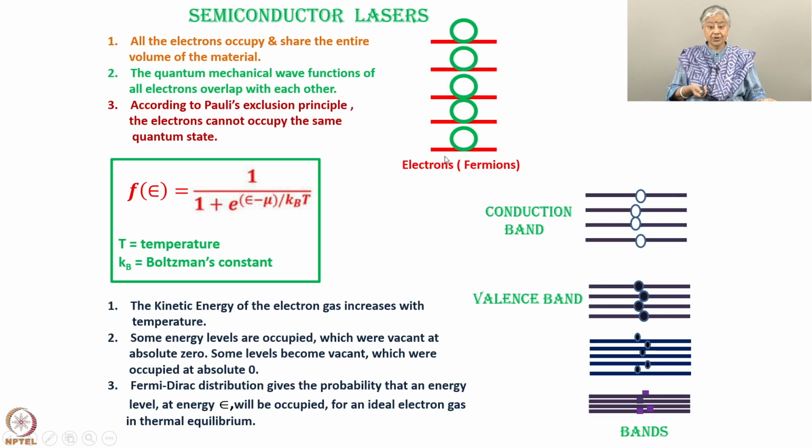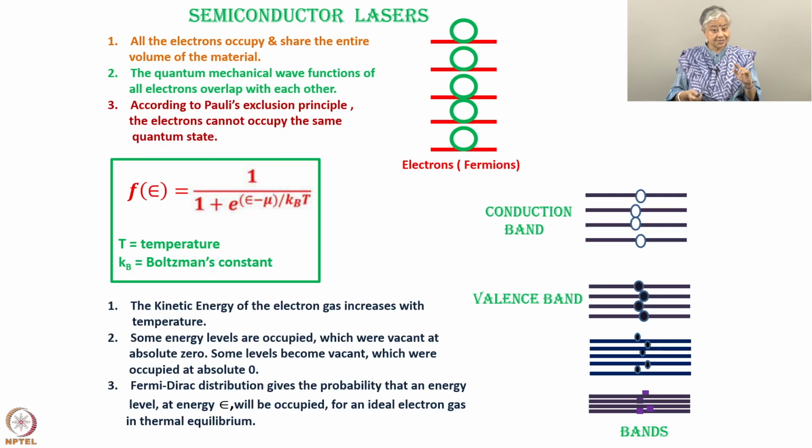And electrons, by the way, are all fermions, because they are like a swarm of electrons floating about in the semiconductor. So, it is like an electron gas, and they follow the Pauli's exclusion principle. According to the Pauli's exclusion principle, the electrons cannot occupy the same quantum states.